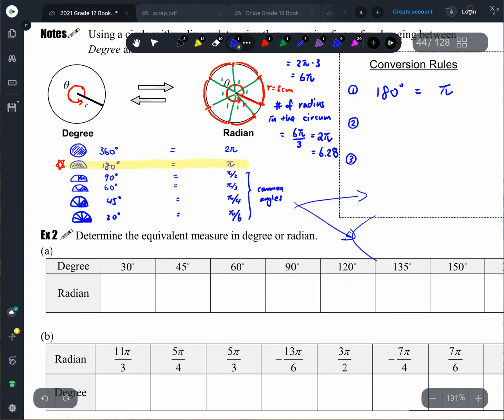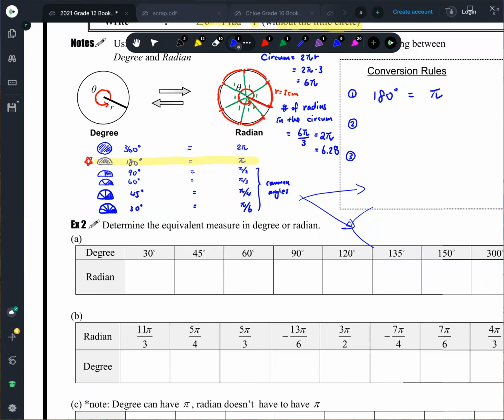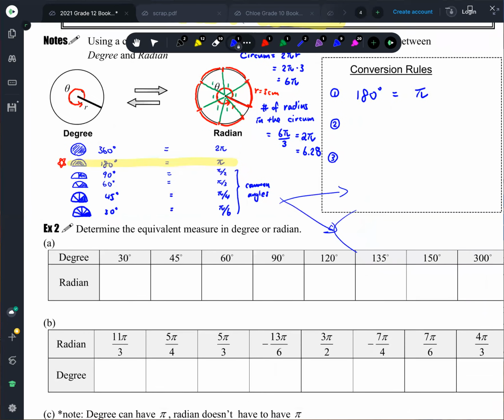All right, so let's try the question at the bottom, okay? We're gonna do question A first. So 30, 45, 60, 90, those are the common ones, right? So just think about the half a circle. Okay, 30 degree, right? You need to cut a half circle into 6 slices, so pi over 6. Okay, so complete these ones first.